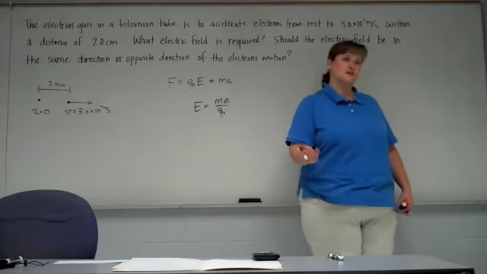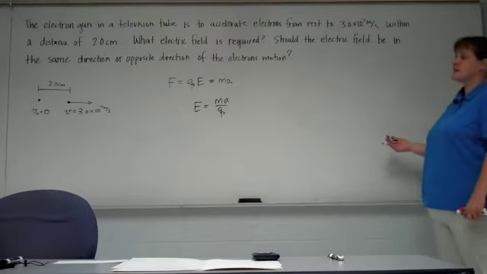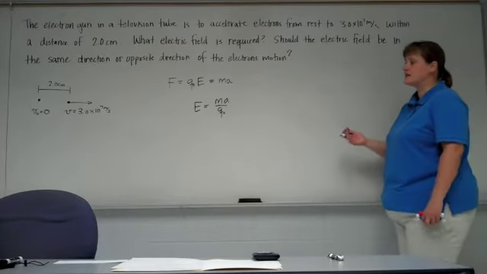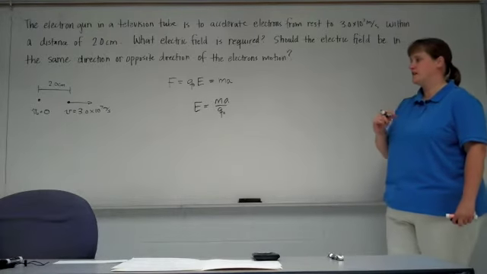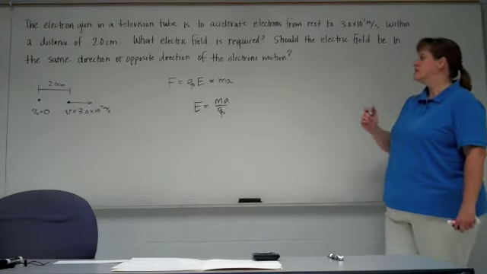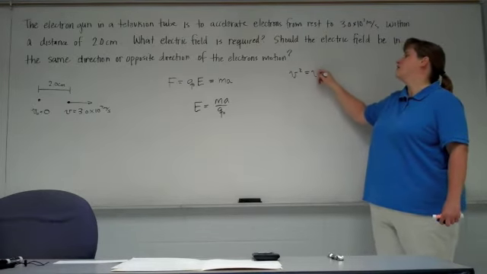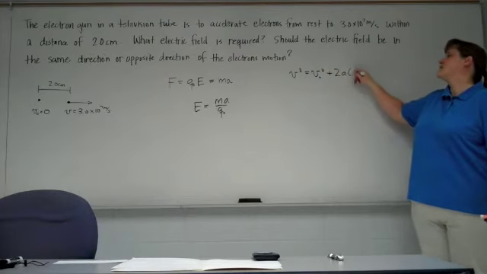We know the mass of the electron, we know the charge of the electron, we can figure out the acceleration, we know the initial velocity, we know the final velocity, we know how far it moves. So our kinematic equation without time would be the one that would be most helpful.